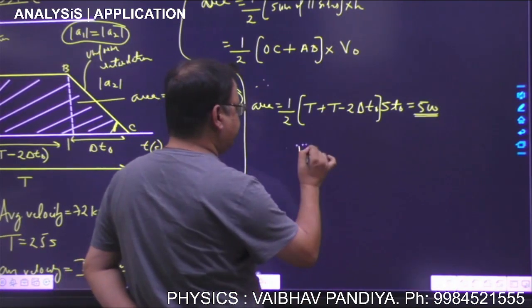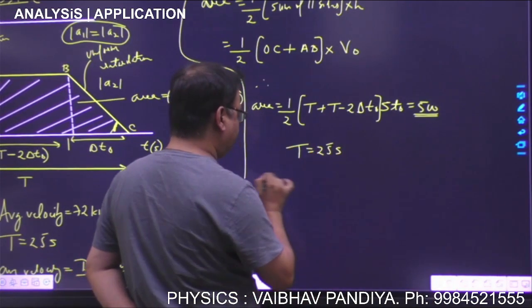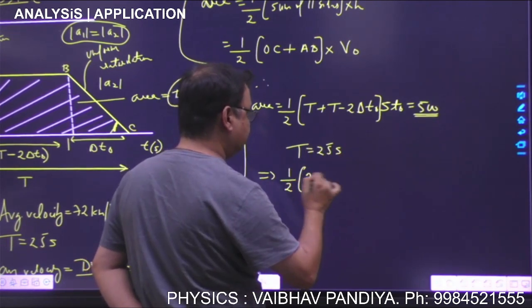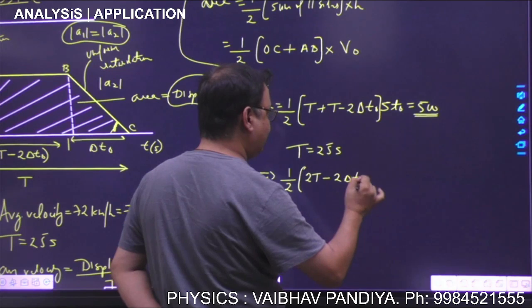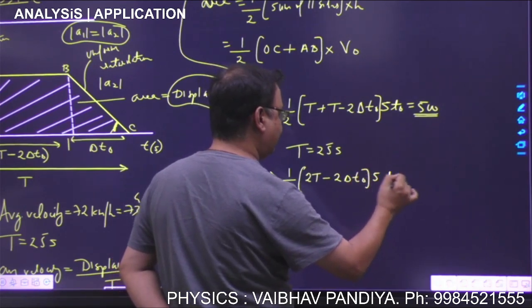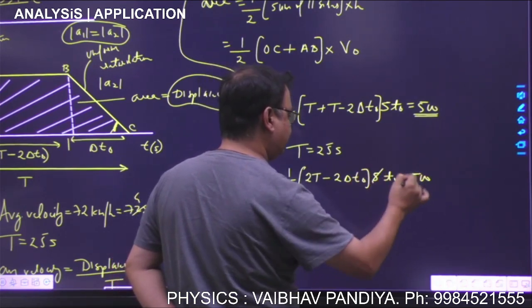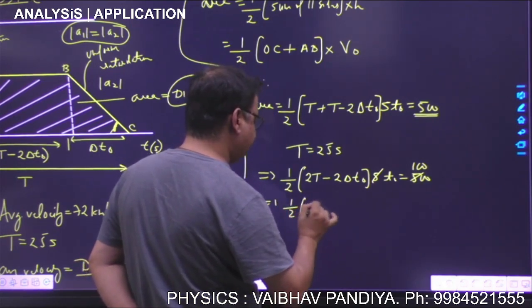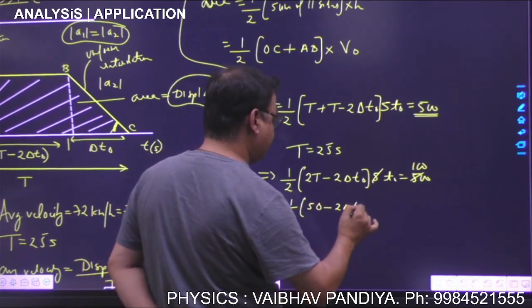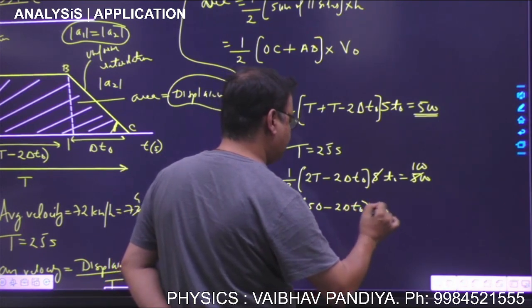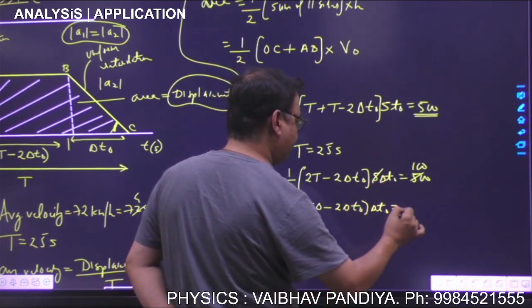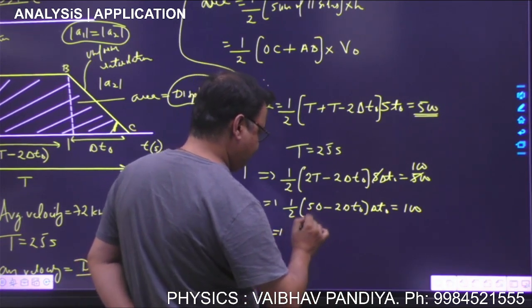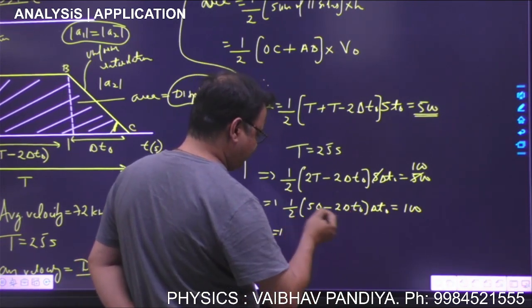Now the value of t is given to be 25 seconds. So put the value of t, so you'll get half, 2t minus 2 delta t naught into 5 t naught is 500, and this will be 100, and I'll get half. 2 into t means 50 minus 2 delta t naught into delta t naught is equal to 100, and now I will cross multiply, so I'll get 50 into delta t naught, or you can also divide by 2.